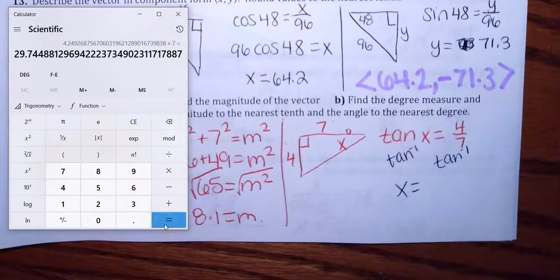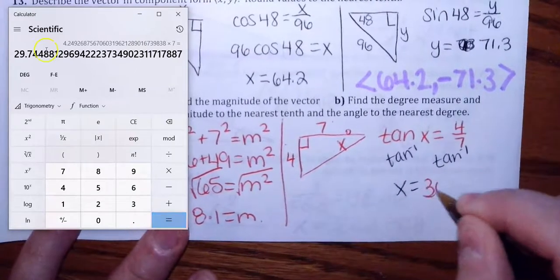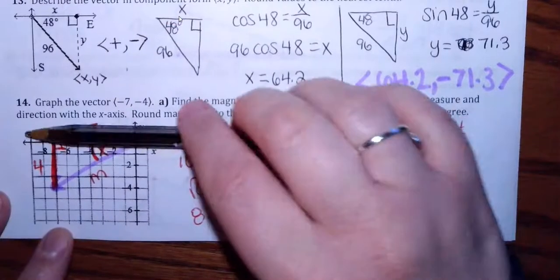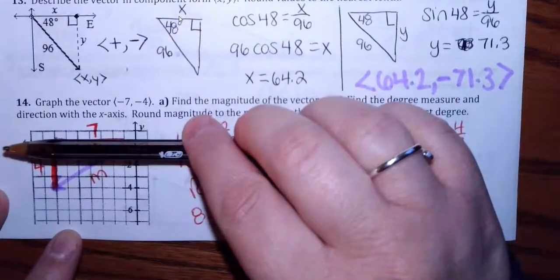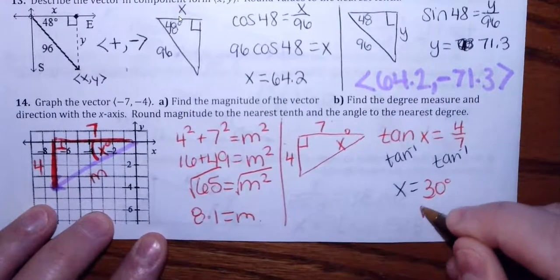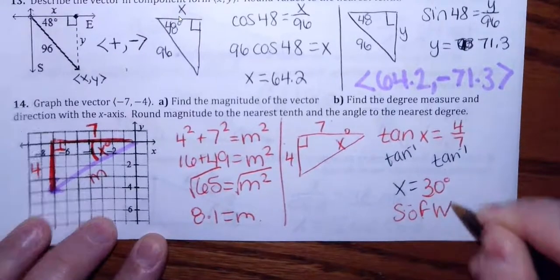So it was what it was originally up on the screen there. That's going to be rounded to the nearest degree. That's actually going to round up to 30 degrees. And then if you look back at the problem, to get to the vector, I'm starting on the west side and moving down. So this would be south of west for your direction there.